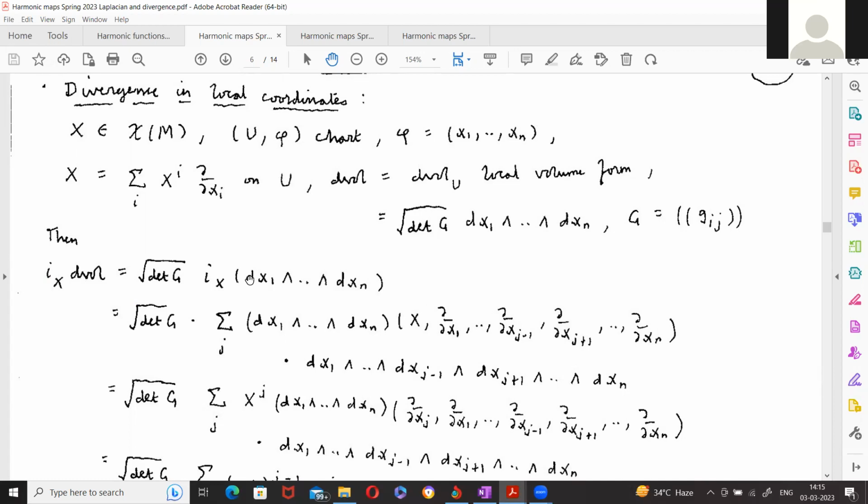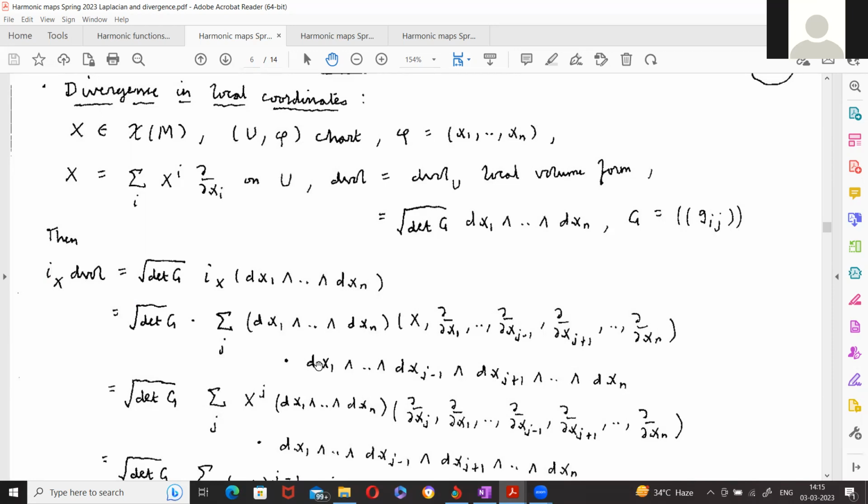So with respect to the basis of the n-1 forms, those will be given by linear combinations of wedge products, dx1 wedge dxn with dxj omitted, right?